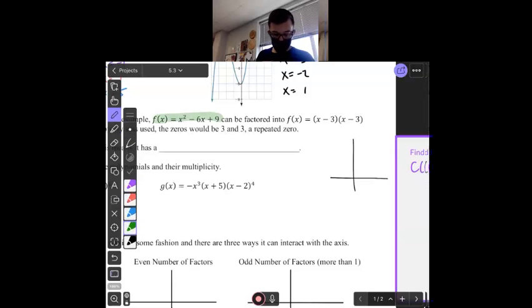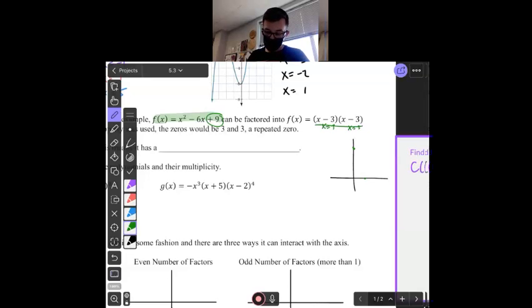So, this is a quadratic, so it's a parabola. Its y-intercept is at 9. Okay. If we factor to try to figure out what its x-intercept is, it would look like this, x minus 3 and x minus 3. And so the x-intercept would be at 3, and the other one would also be at 3. So it has a double x-intercept, or the same x-intercept twice there at 3.